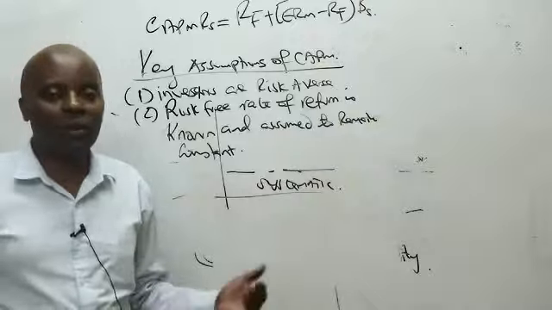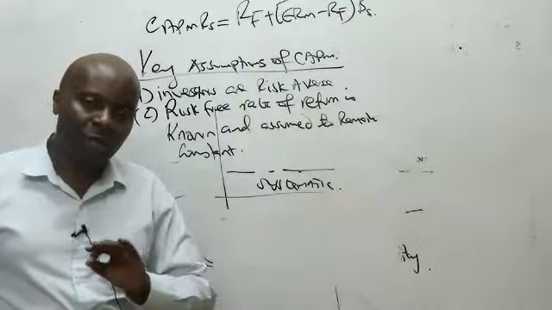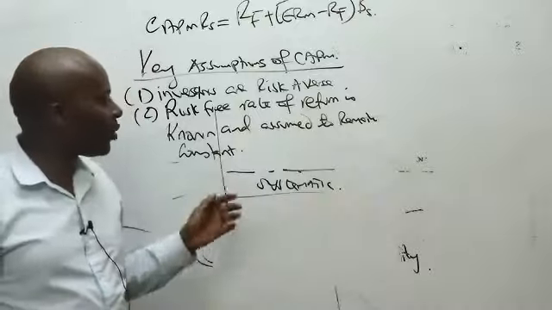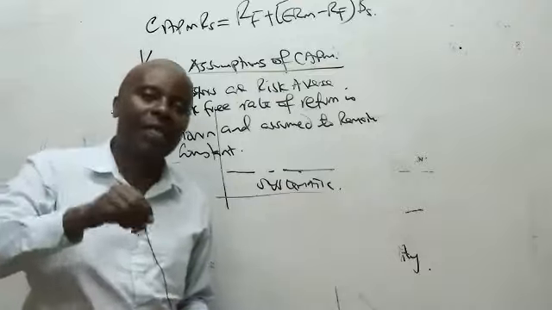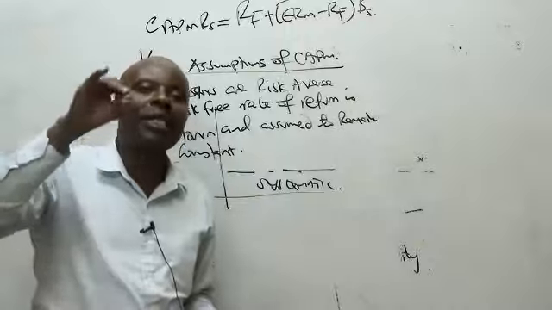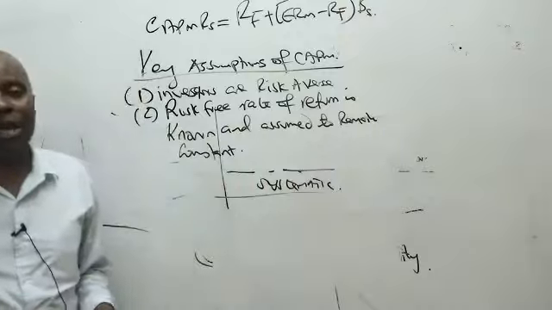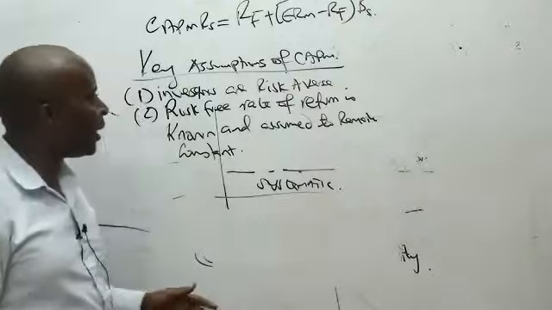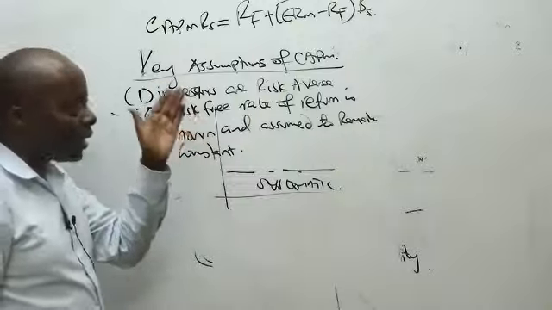It is never constant, but in theory, for our model to work, we must assume that this risk-free rate of return is known. You'll get some books saying that all investors can borrow at the risk-free rate of return. That is it.